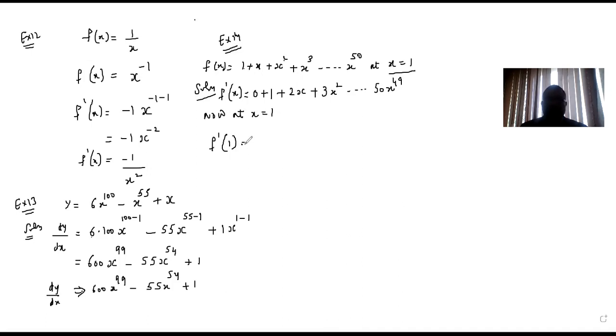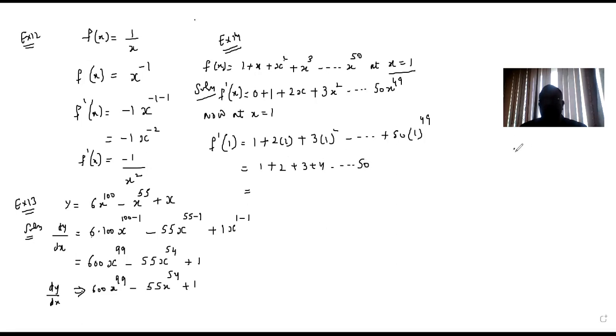f dash 1 is equal to, wherever there is x, I will substitute 1. So this is 0, I will not write. This is 1 plus 2 into 1 plus 3 into 1 square, and so on, up to 50 into 1 raised to power 49. So which is 1 plus 2 plus 3 plus 4 up to 50, the sum of first 50 terms.